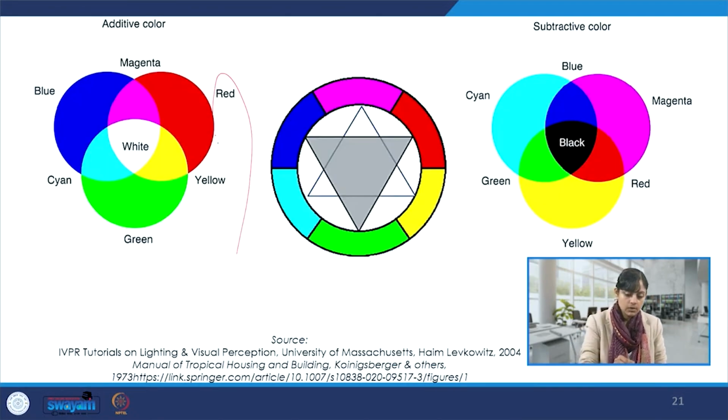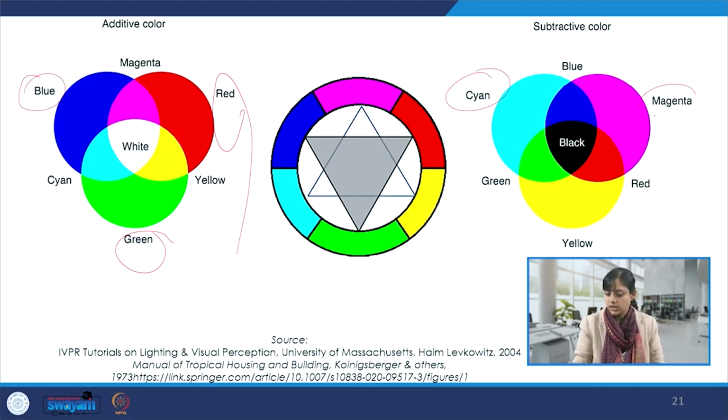So we were talking about this red, green, and blue, and here the cyan, magenta, and yellow. So this is basically to understand the two major schemes that are utilized for different visual related aspects and projects and different media, how they utilize it.